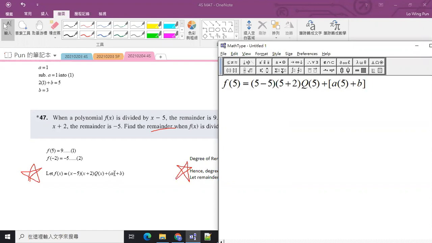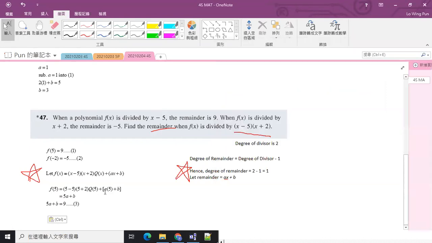What is q5? I don't care, because it is multiplied by a 0 before. So it should be just 5a plus b. So our f5 is equal to 5a plus b, but it is given that f5 is equal to 9. So 5a plus b should be equal to 9. And that is our equation 3.